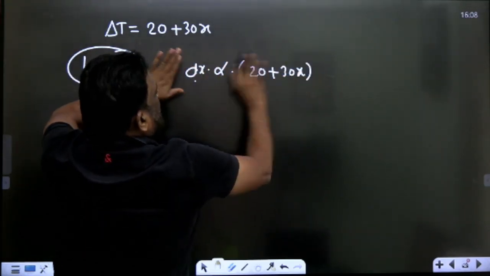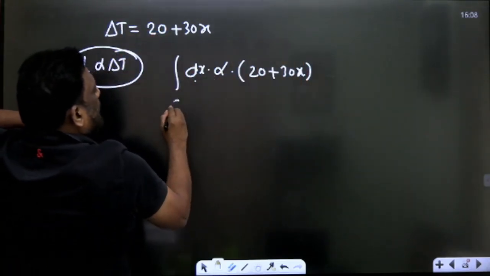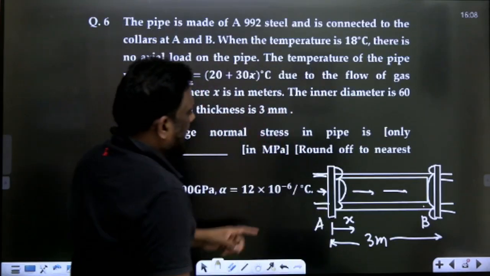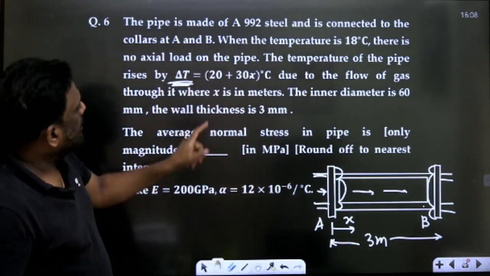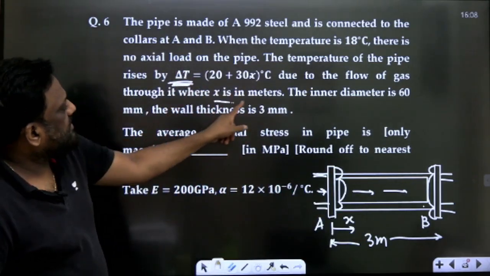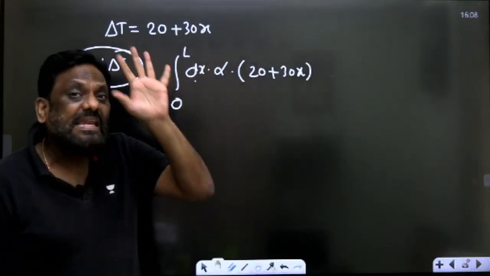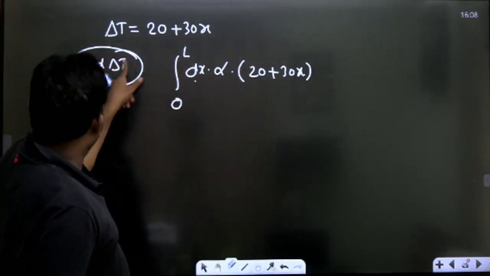This will give me the expansion in a small length dx. If you want the total, integrate from 0 to L. Here the length is given as 3 meter, but you should be cautious because x is in meters, so this answer will be in meters. Be careful, so I'll write the total expansion.